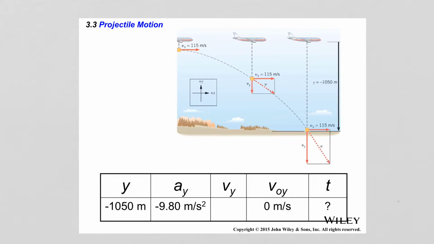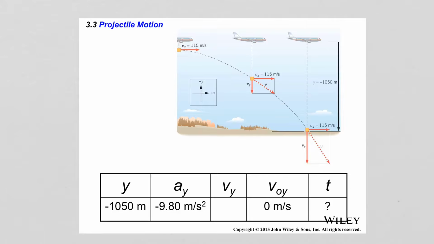And once the package reaches all the way to the ground, it still has horizontal component of the velocity of 115 meters per second. And now its vertical component of the velocity is the maximum possible. And therefore, if we know those two, one could calculate the final velocity of the package.